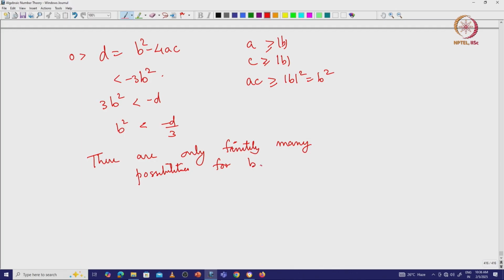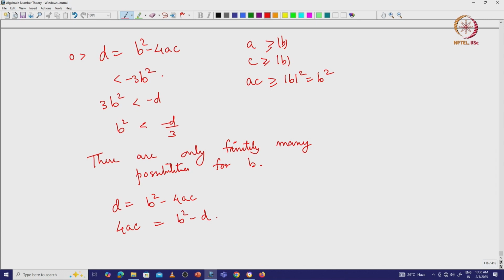And now you have again D equal to B squared minus 4AC, which means that 4AC is equal to B squared minus D, and this is a positive integer.